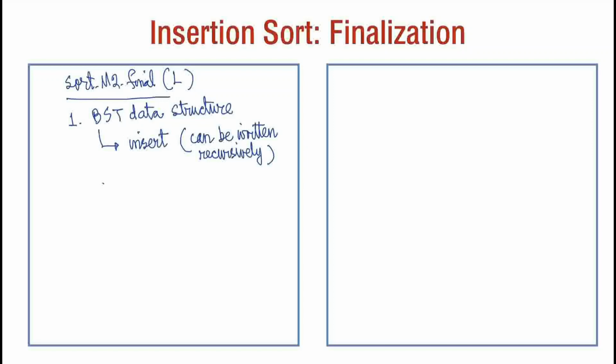The other operation of the binary search tree will be its traversal operator. And there are 3 kinds of traversal in a binary search tree: the pre-order traversal, the in-order traversal, and the post-order traversal.